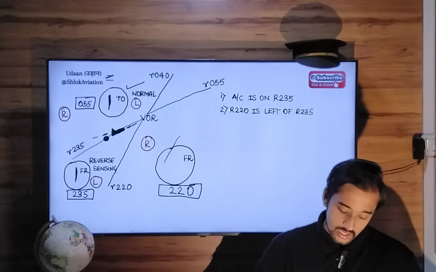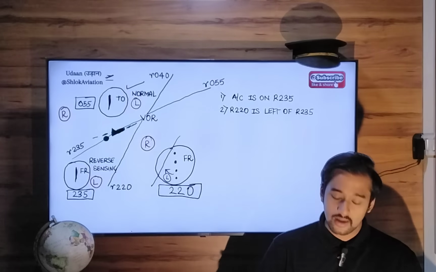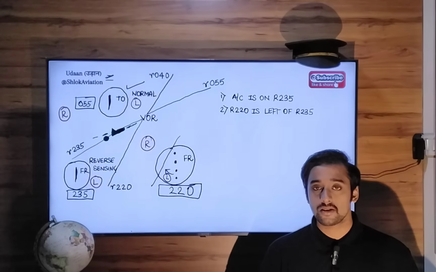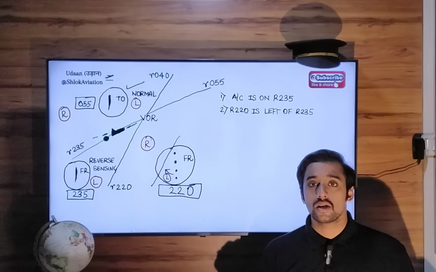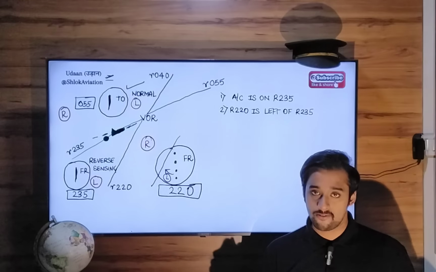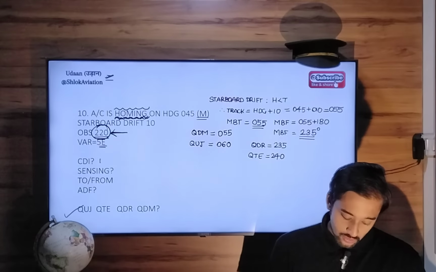It will go to the left hand side. The CDI needle will go to the left hand side, telling the pilot to fly left, meaning radial 220 is to the left of radial 235. Okay, so CDI moves left.